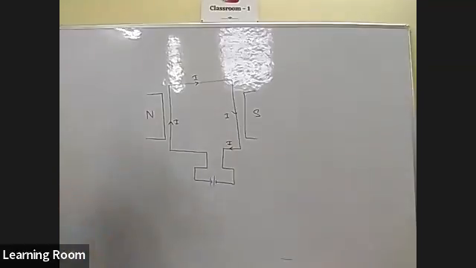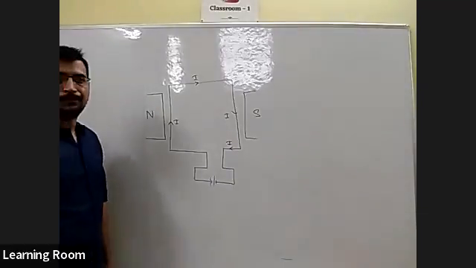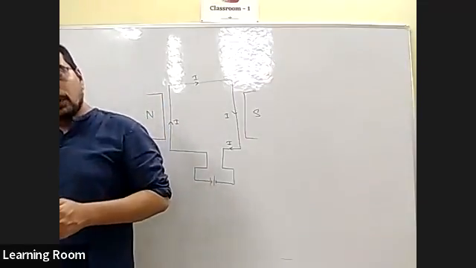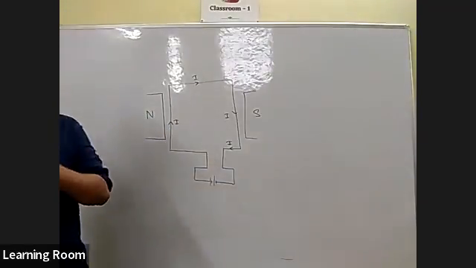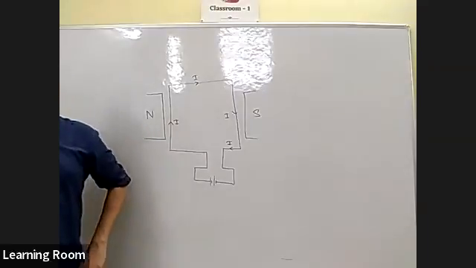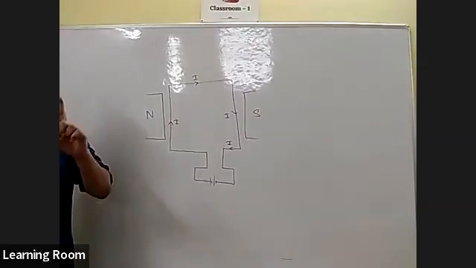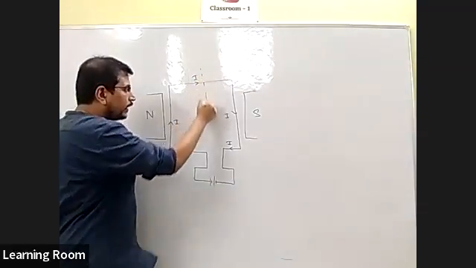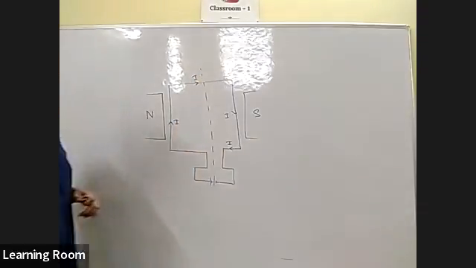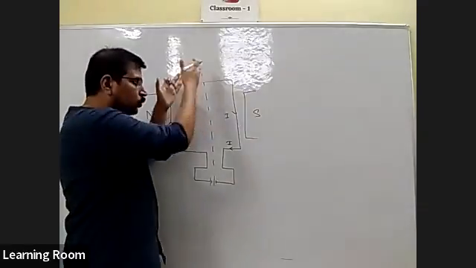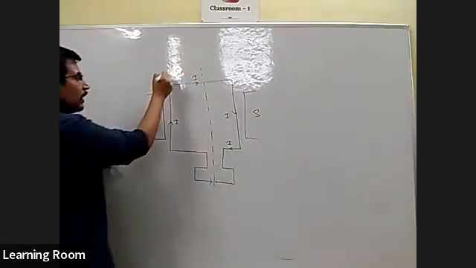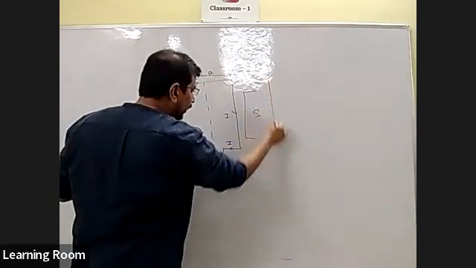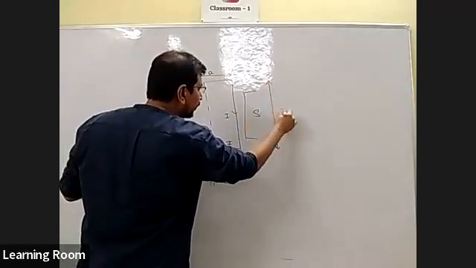now our job is to find what will happen to this current carrying loop. This is where the differentiating factor comes. First, you know what happens when a current carrying conductor is placed in an external magnetic field? It experiences force. Now if I take this to be the axis, I divide it into two equal parts so that this measurement of the conductor is a and this measurement is b.